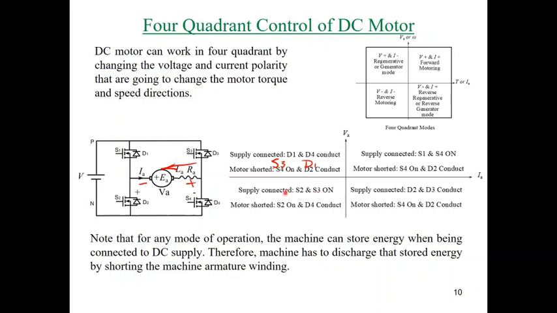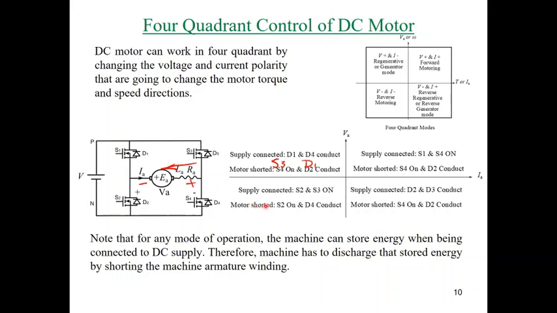So in this mode, S3 will be turned on if the supply is connected, and it will be turned off when the supply is disconnected. And we need to conduct a short circuit on the motor. Is it clear? Okay, clear.